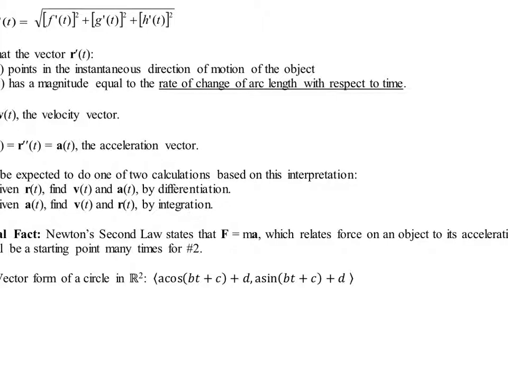An additional fact, brand new information, you've never seen it, but well, maybe not in a math class: Newton's second law states F equals ma, force equals mass times acceleration, right? So the A part being the important piece here, because now we have a technique by which we could figure out the acceleration of an object. If we multiply it by its mass, then we'll have the force related to that object, all right?